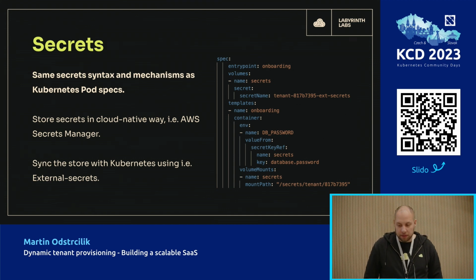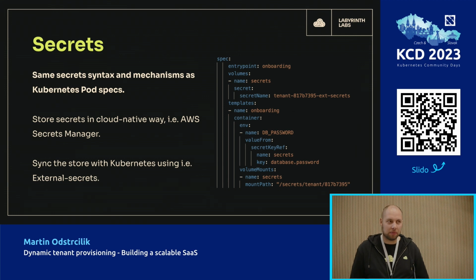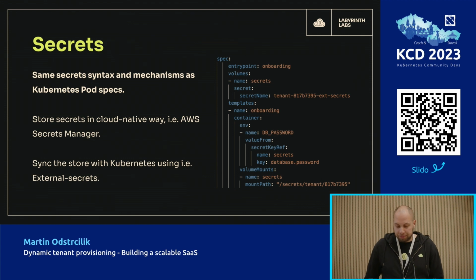Moving on to secrets. So for sure, when you are running a workflow and you are doing some kind of provisioning, you will need a secret to access the database, for example, or call some API. And Argo Workflows has the same secret syntax like Kubernetes pod. So you can inject secrets into Argo Workflows workflow by specifying some environment variable or use files through volumes.